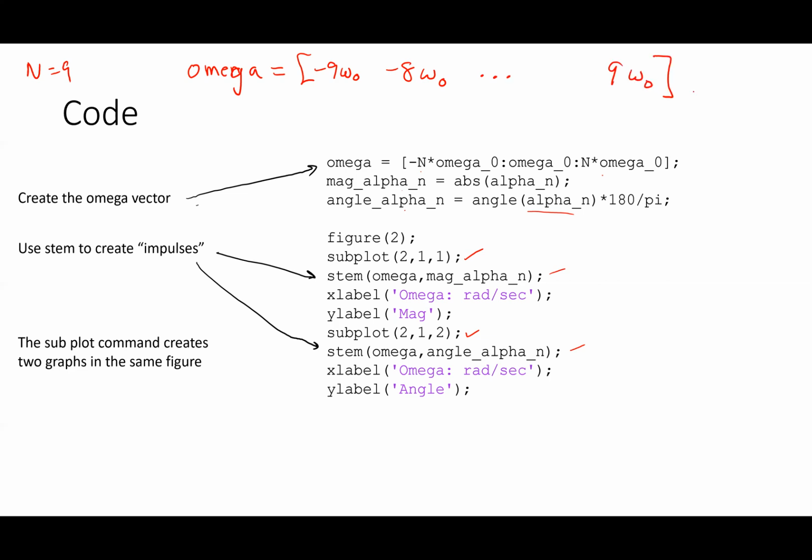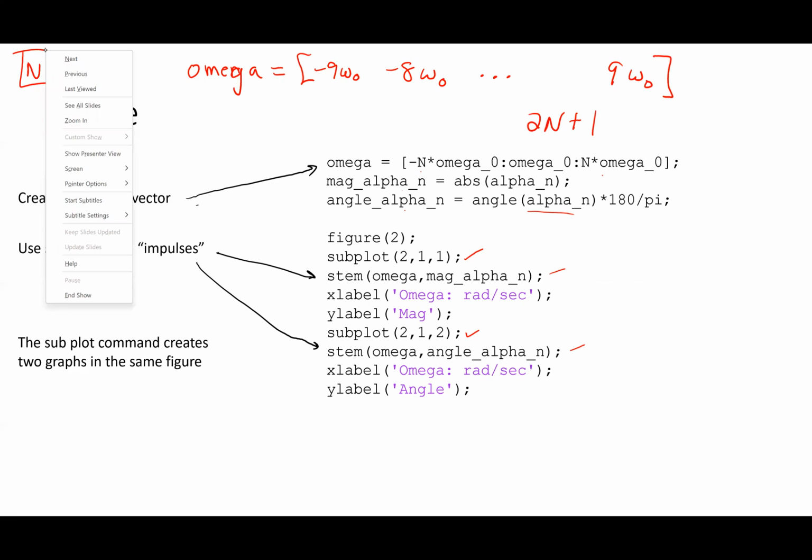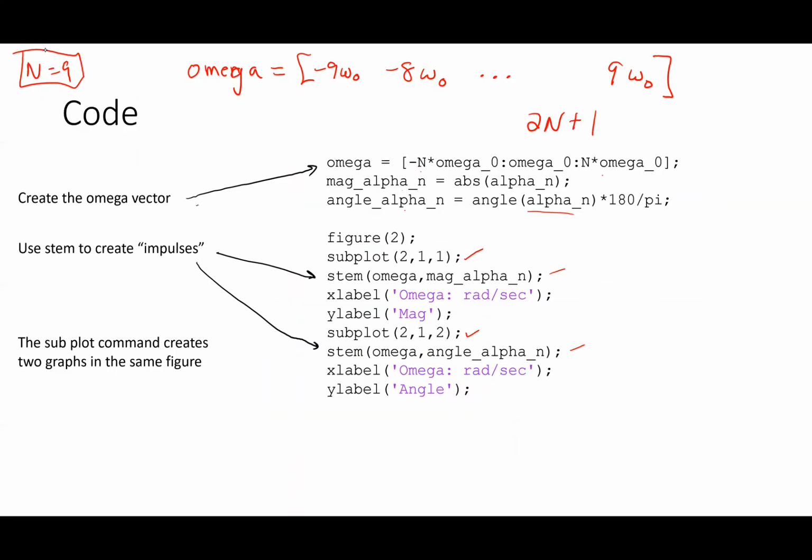One thing that may be useful to you: in this case, if I'm doing 9 harmonics, this vector is going to have 2n plus 1 entries, right? Where did I get this number? If n is the number of harmonics, where the heck did I get the 2n plus 1 from?